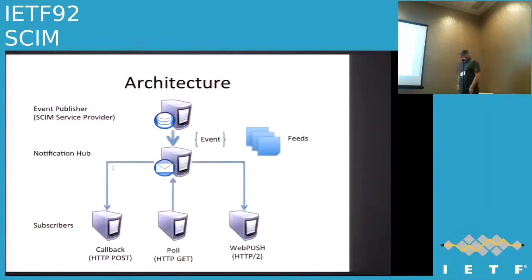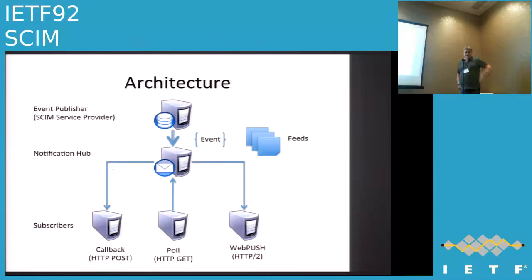So the general architecture is one where we define a notification hub which receives events from the Scim service provider. That can actually be the same server, but the idea is to be able to offload the work of delivering those messages and figuring out which subscribers need to be notified once an event has occurred.